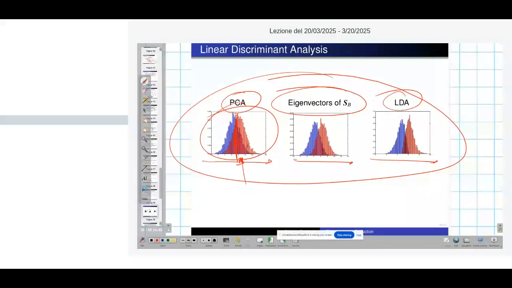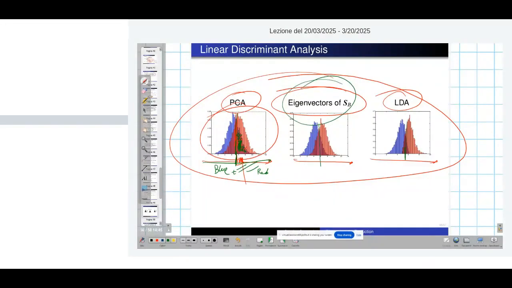Remember that our classification rule with LDA is: we project over a direction, and then whatever is larger than a threshold is assigned to red, and whatever is lower will be assigned to blue. Here you can see that if I put the threshold here, all these blue points will be misclassified. A bit better with the line that connects the class means, but still not very different from PCA.